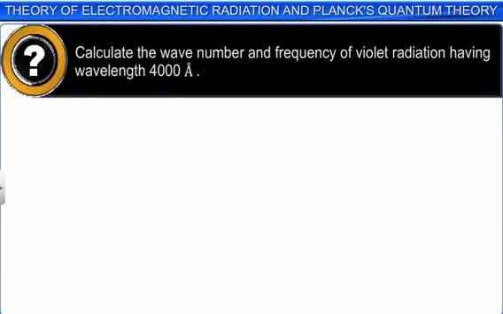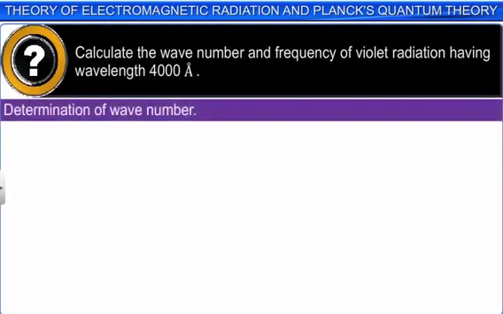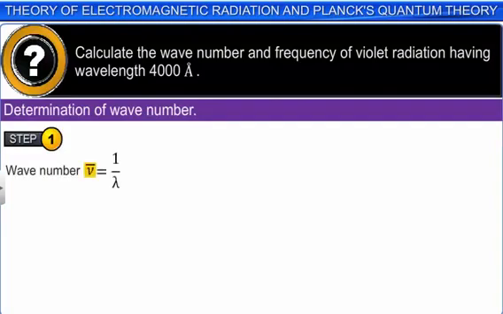First, let us calculate the wave number. The first step involves writing the formula to calculate wave number, that is, nu bar equals 1 by lambda. The given lambda value is 4000 angstroms, which is equal to 4 multiplied by 10 raised to the power of -7 meters.